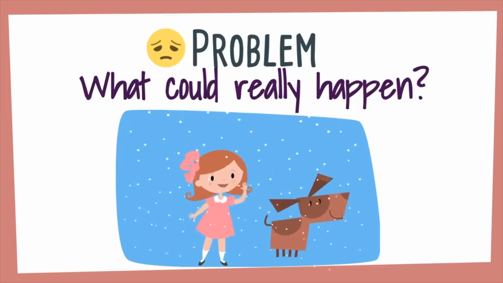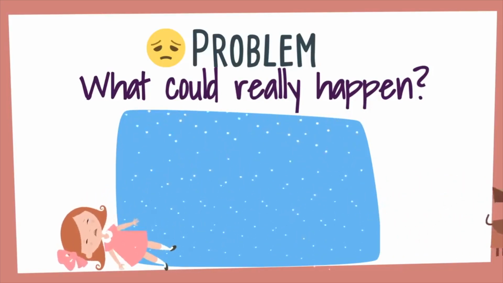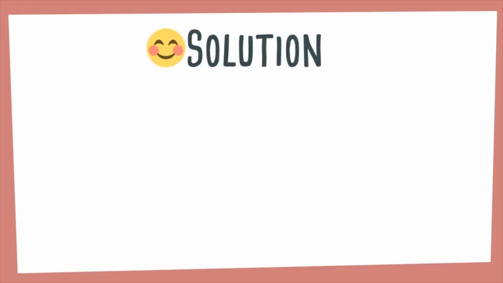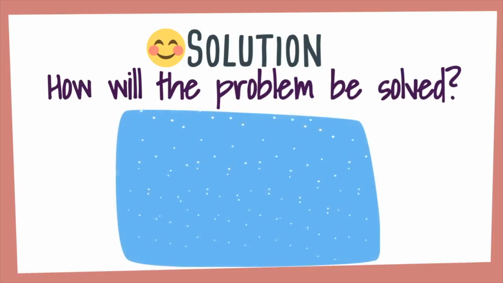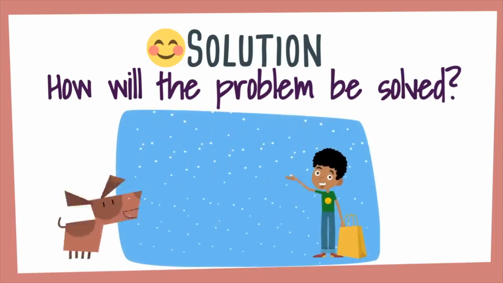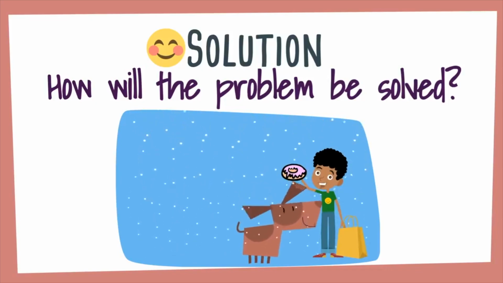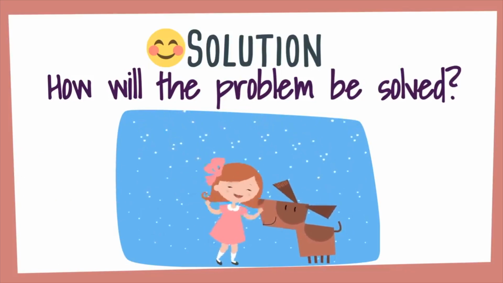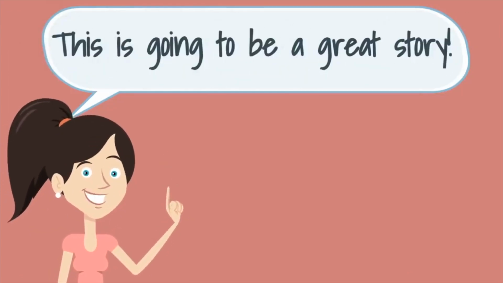Ooh, maybe Mary slips on the ice and Sam gets loose. That would definitely be a problem. Finally, I need a solution to the problem. How will that problem be solved in the end? Maybe a stranger will see Sam and he'll lure him with a piece of food from his grocery bag. And then Mary and Sam can go home to be warm and safe. Wow, I think this is going to be a great story.